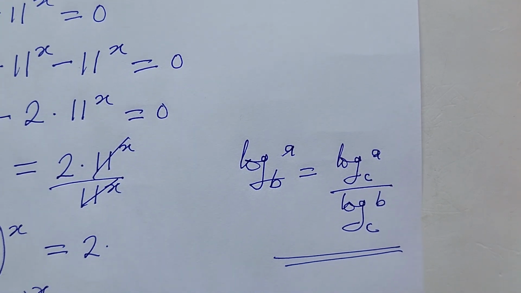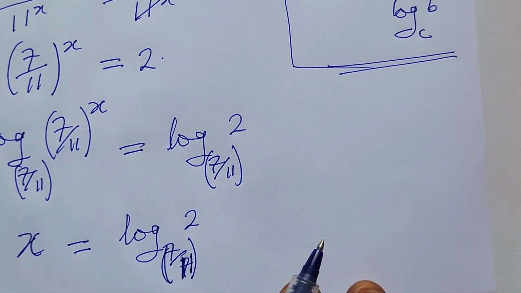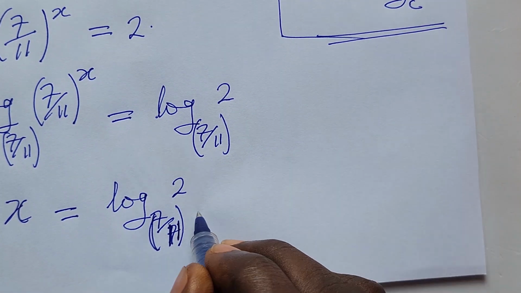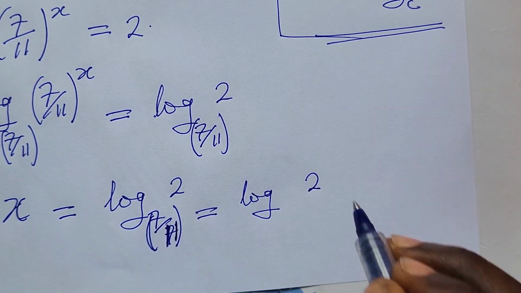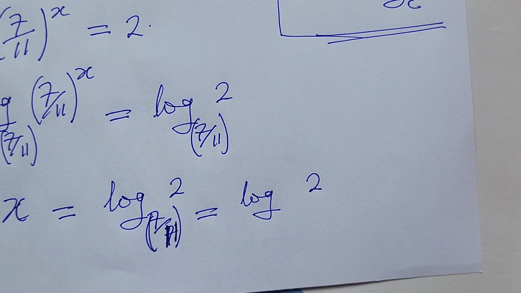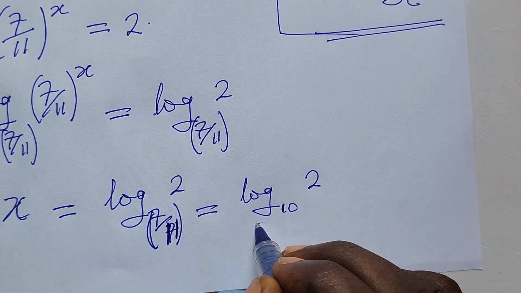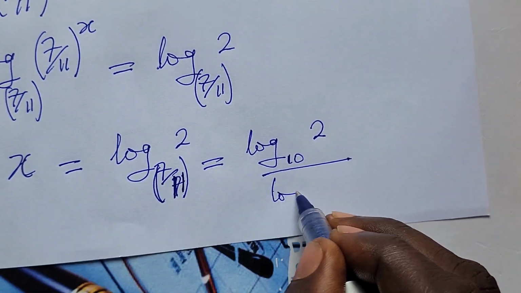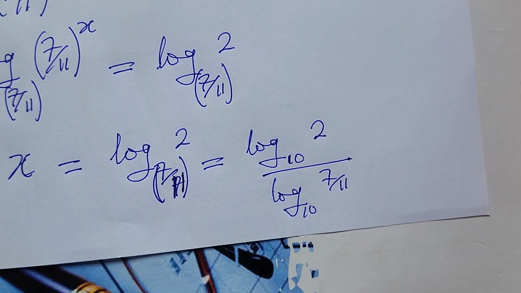Remember this law? Yes. So we can apply that to this side of our equation. So this is going to give us log 2. We want to change to base 10. So log 2 base 10 all over log 7 over 11 base 10.